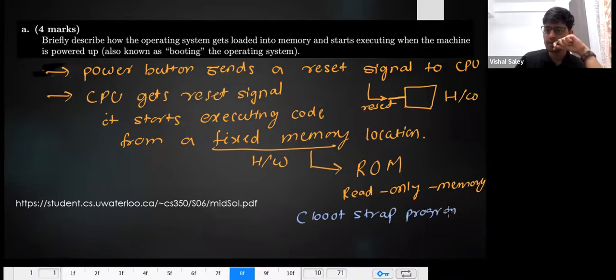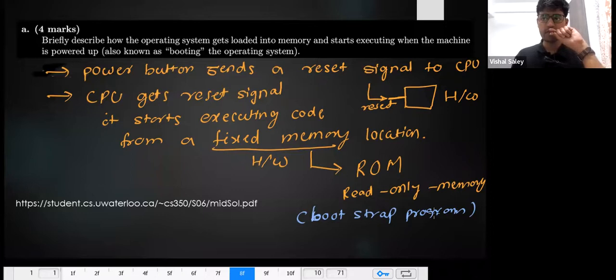Again, this is a fixed program. Somebody has written it and saved it into this read-only memory, and it's always there. So whenever you press the button, the reset signal goes to the CPU, and the CPU automatically starts running whatever code is in this ROM. This ROM is another memory chip, and it will start running that code.